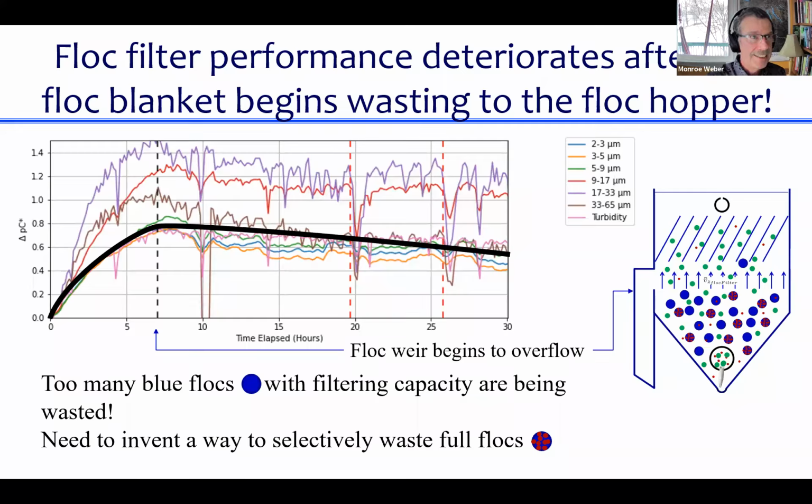And this graph is really like the origin of the animation that I showed about what must be happening with the fact that we have finite capacity in a floc. And once it is full, it's no longer useful. And we would like those to be the ones that leave, but unfortunately our system for getting rid of flocs is also getting rid of flocs that would have been useful.